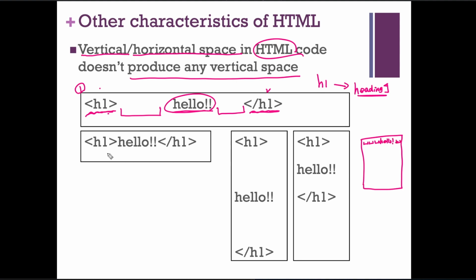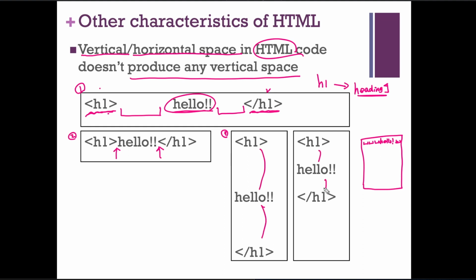Or in example number 2, there is no space in between. And in example number 3, you can see this much of a vertical space, or this much of a small vertical space.